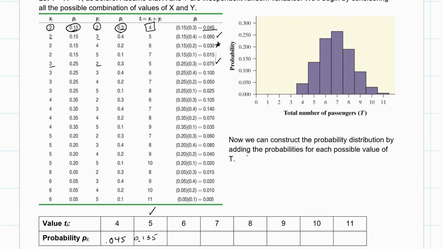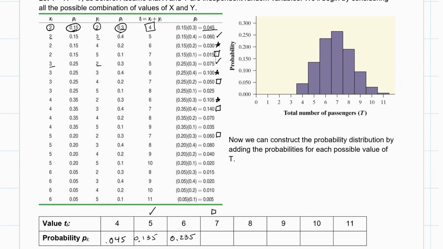I'm going to put a star next to all the places where you have exactly 6 passengers combined. And if you add up those 3 numbers, you get 0.235. I'll put a square next to all the places where you could get 7 passengers, and there should be 4 different ways that that could happen.